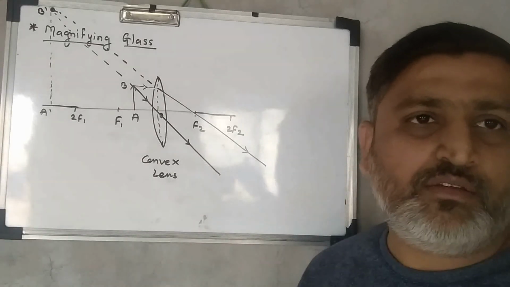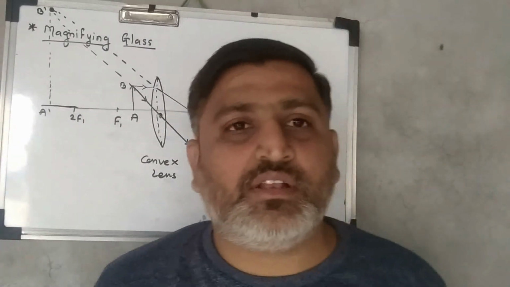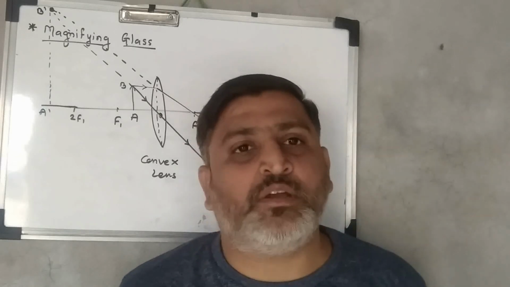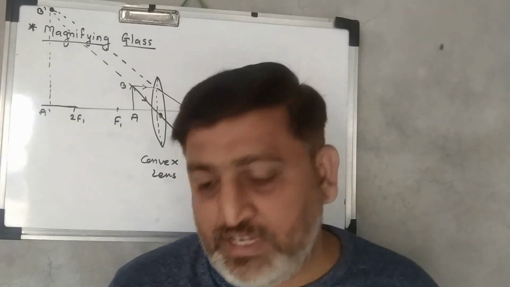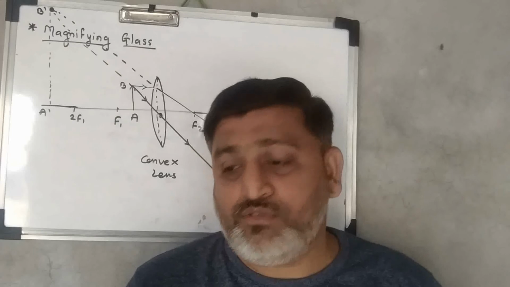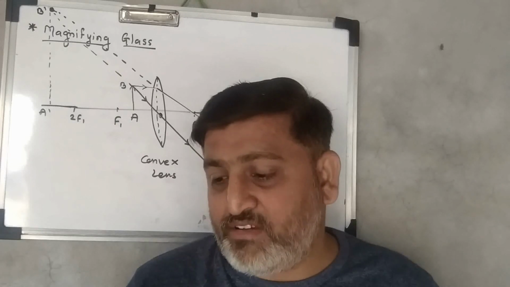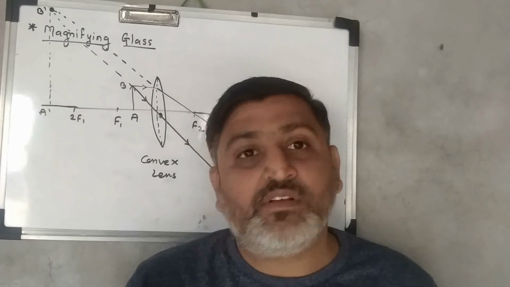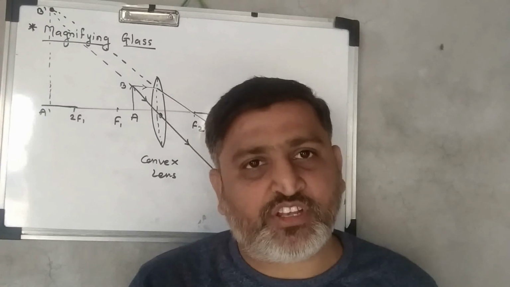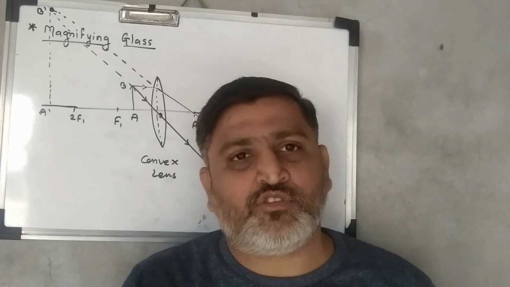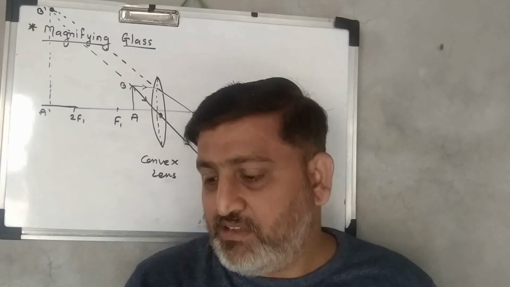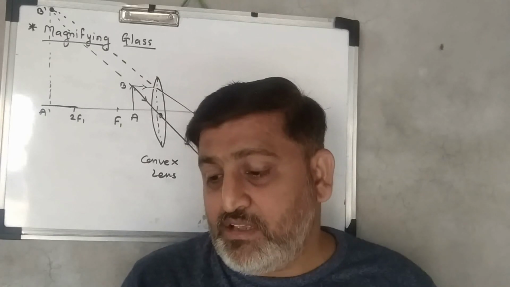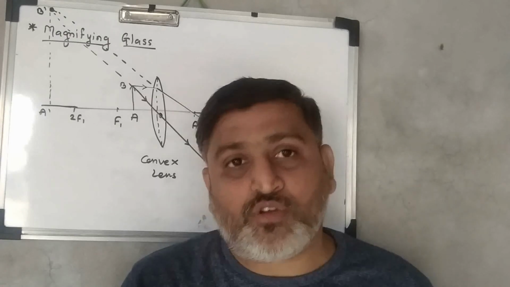Okay. Now the last topic which we are going to study is the application of lenses. Lenses are used in a large number of optical instruments. First, the objective lens of a telescope, camera, and slide projector are convex lenses. Next, our eye lens is also a convex lens.